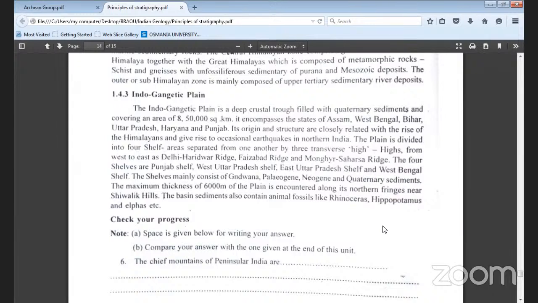The origin and structure is closely related to the rise of the Himalayas and gives rise to occasional earthquakes in North India.